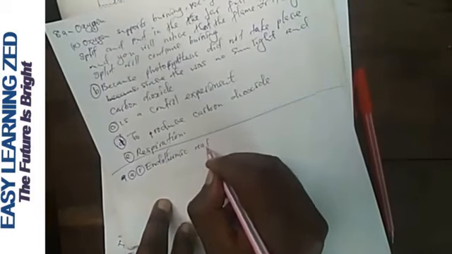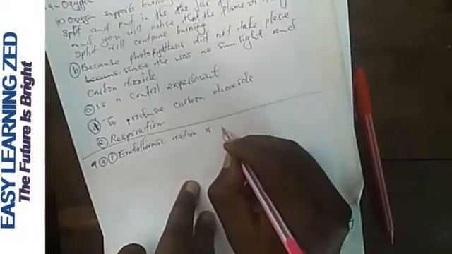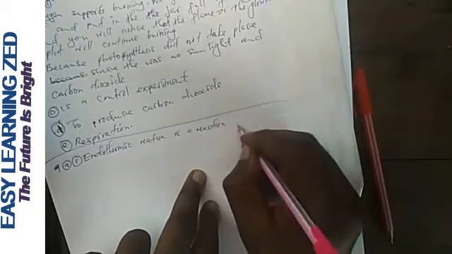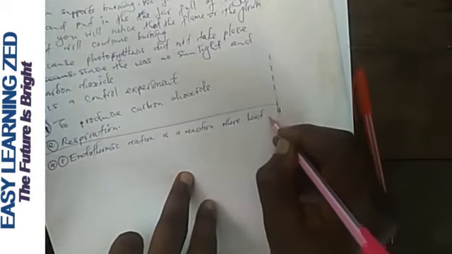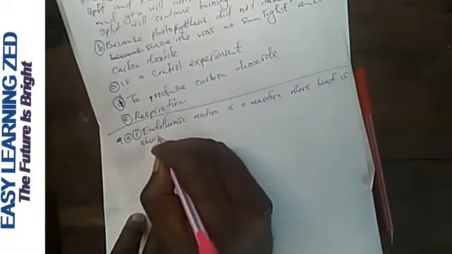So for 9A1, we are saying an endothermic reaction is a reaction where heat is absorbed.